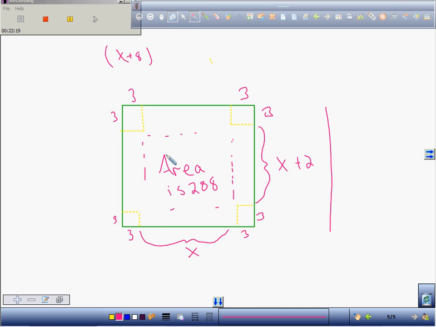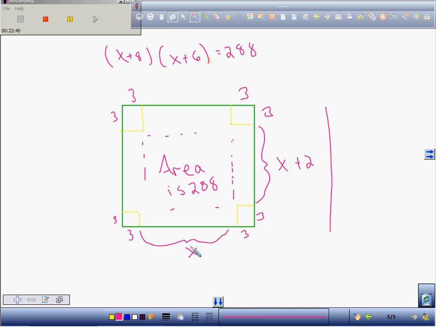What would this length be if this is x, going all the way across? X plus 6. So they want to know how big this piece of paper is if the whole area is 288.